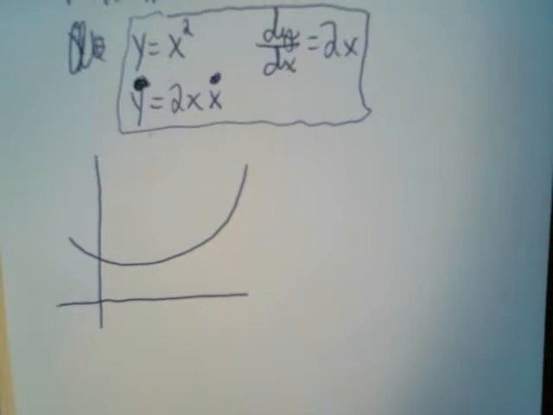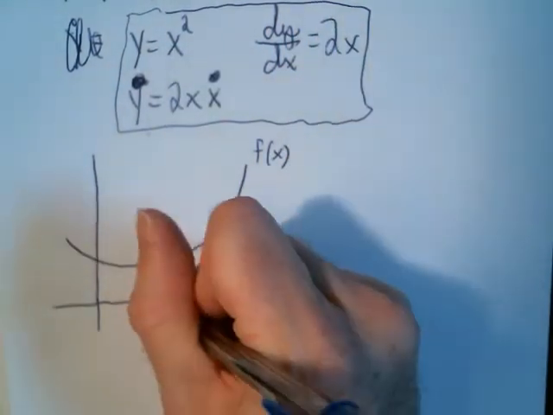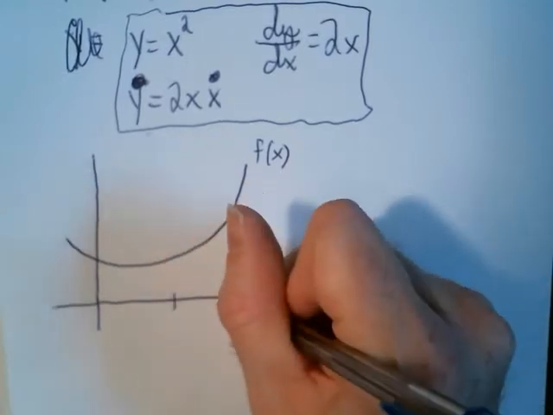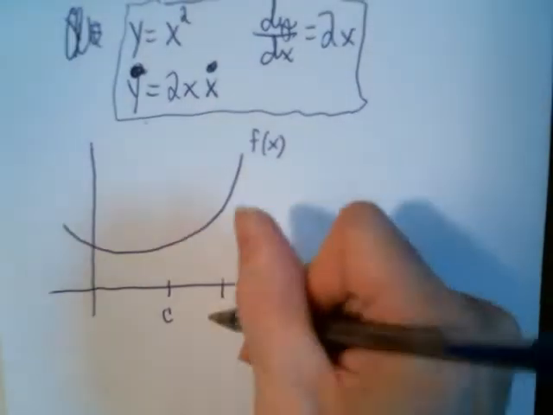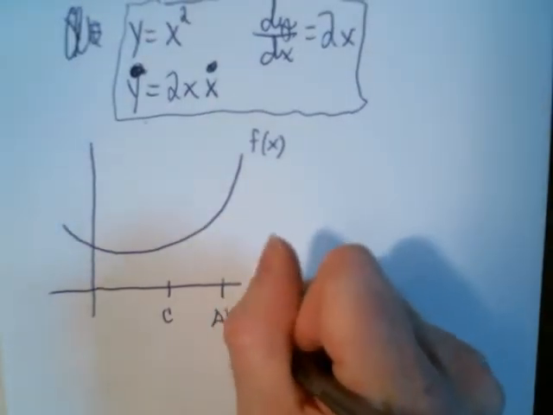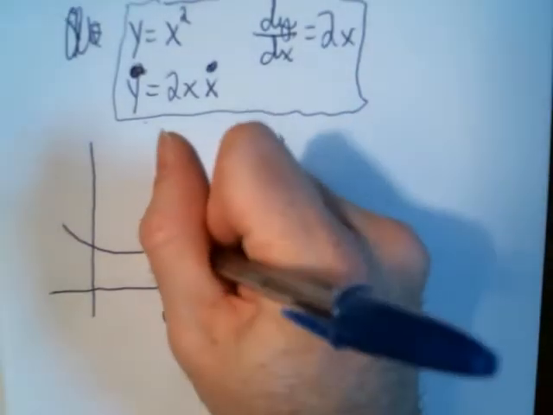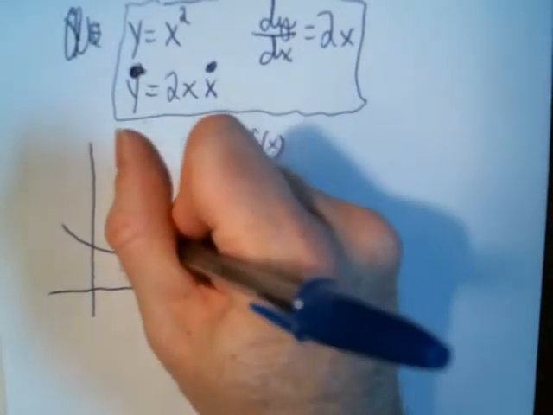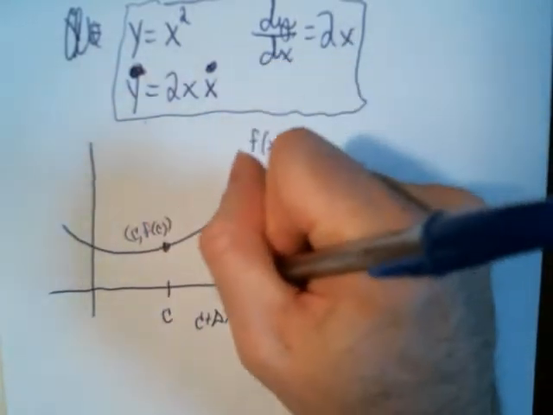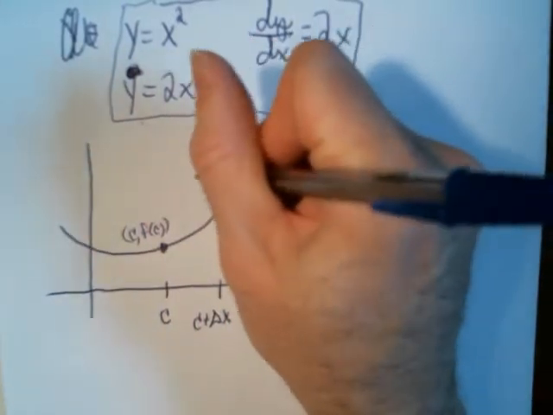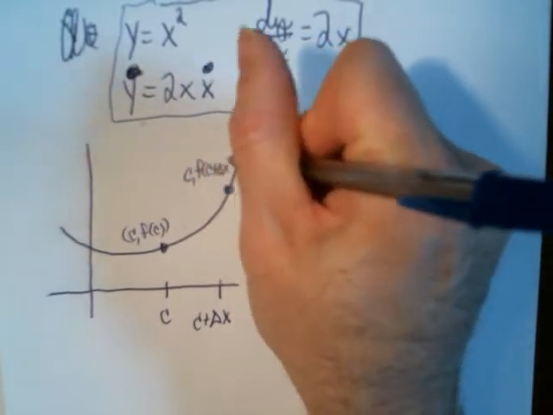There's some sort of curvy function, f of x, and we'll consider the y values at two points, c and c plus change in x. So this point here would be c comma f of c, of course, and this associated point here would be c plus change in x comma f of c plus change in x.